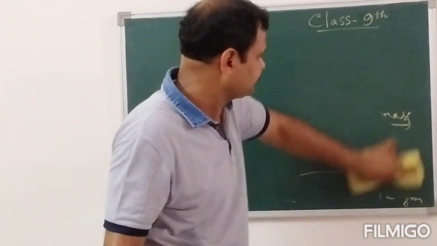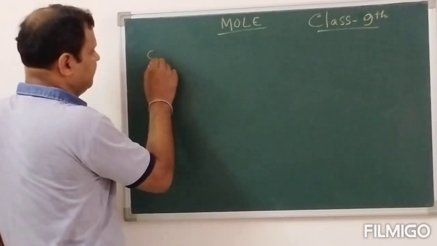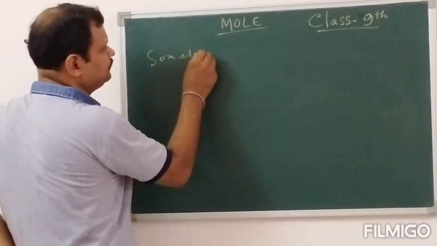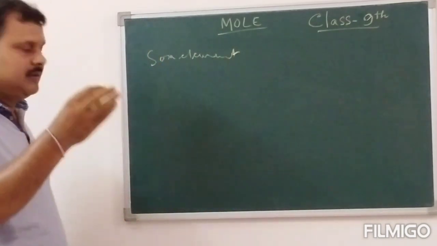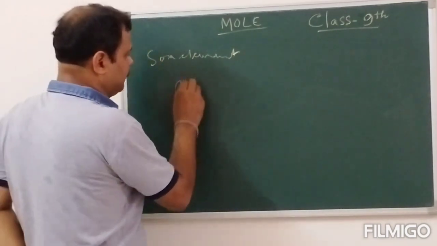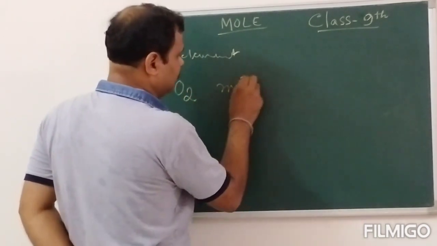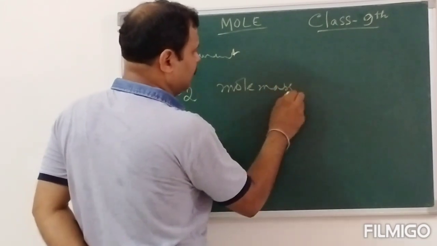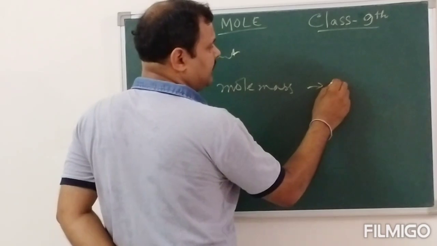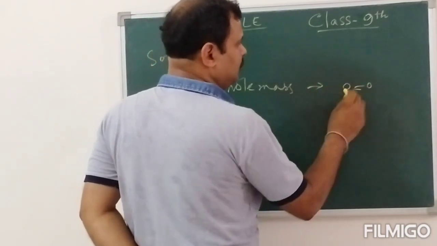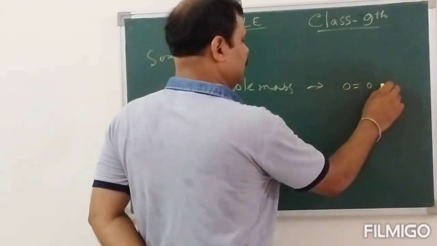Now, some of the elements may exist in molecular form. Suppose we want the mole mass of an oxygen molecule. What will this be? In an oxygen molecule, two oxygen atoms are bonded together to form the diatomic molecule O2, right?